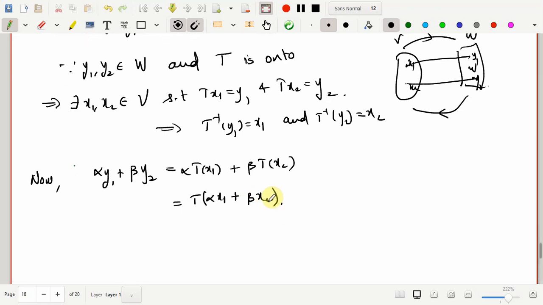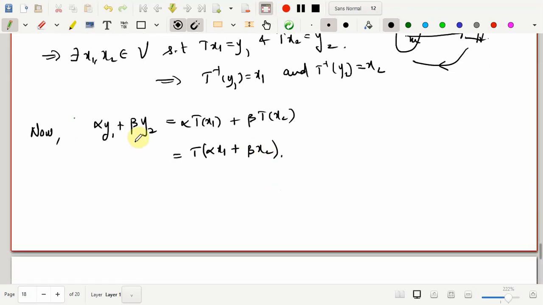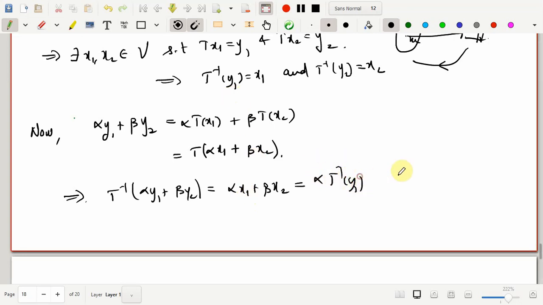So what basically I have proved is that alpha y1 plus beta y2 has a pre-image alpha x1 plus beta x2. So by the definition of inverse linear transformation, this implies that T inverse of alpha y1 plus beta y2 is same as alpha x1 plus beta x2. But you know what is x1? x1 is same as, just replace it, T inverse of y1, and x2 is same as T inverse of y2.